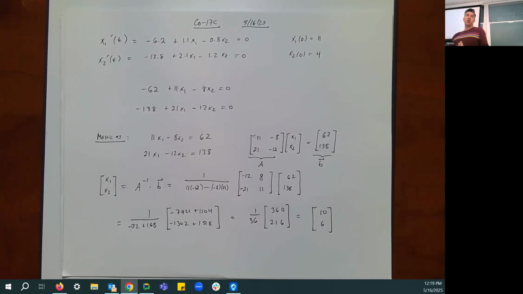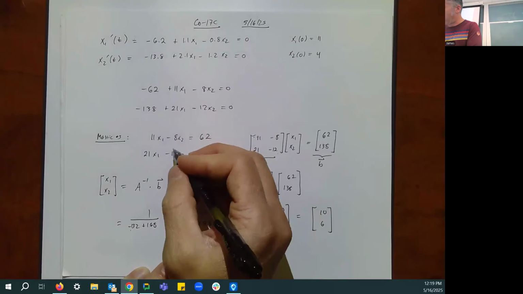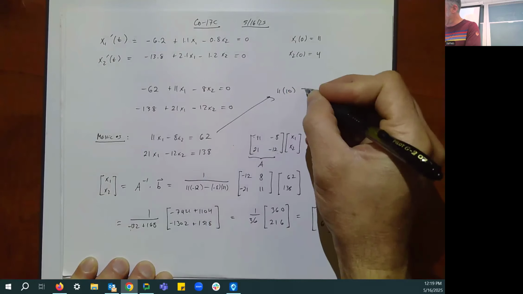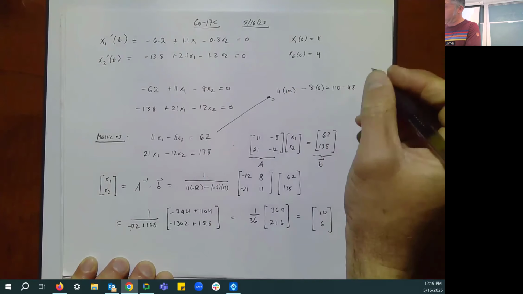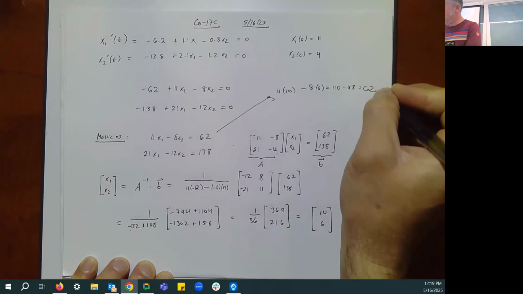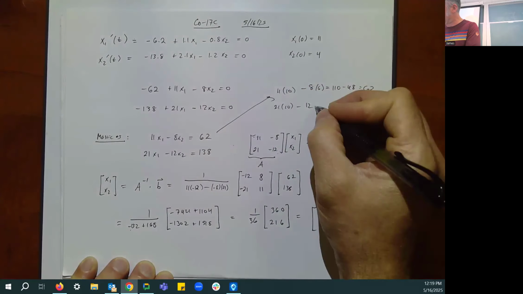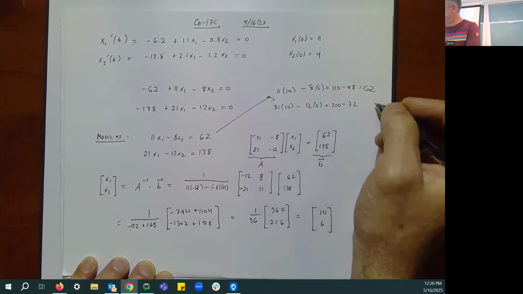And if we wanted to, we could check, right? If we actually plug in, just to be sure, 11 times 10 minus 8 times 6 is 110 minus 48, which is 62. And 21 times 10 minus 12 times 6 is 210 minus 72, which is 138.